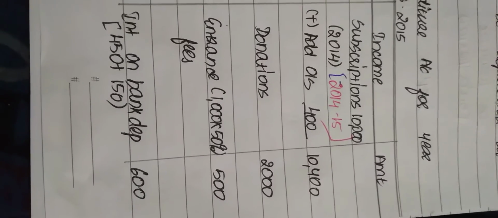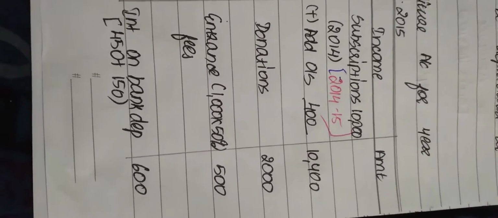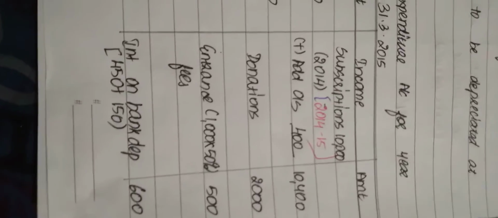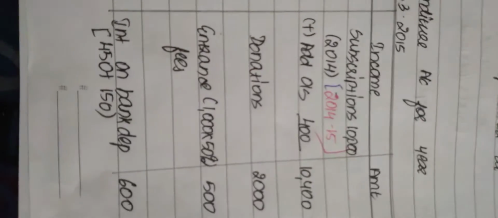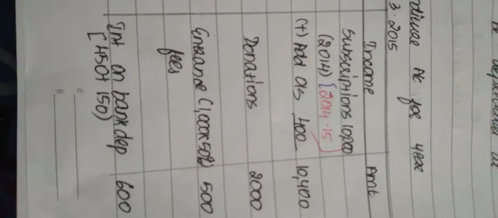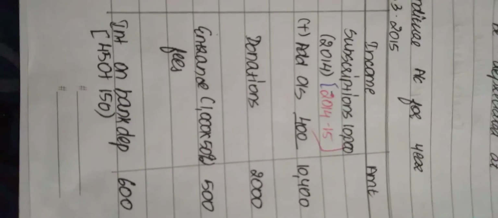Next is donations, 2,000. Hall rent, take 300. Then entrance fees. Entrance fees, you have an adjustment. 50% of entrance fees is to be capitalized.